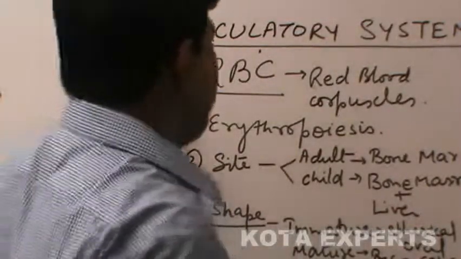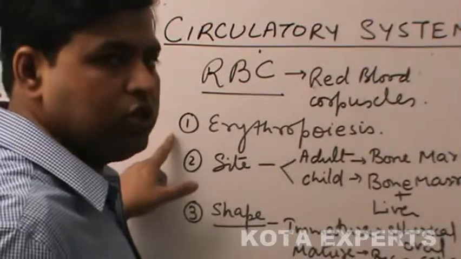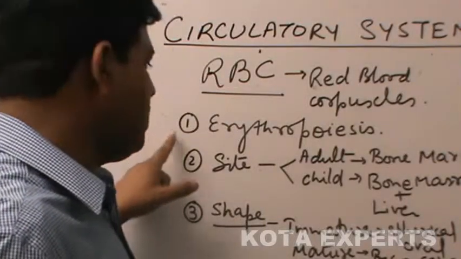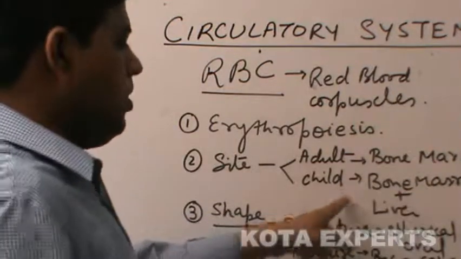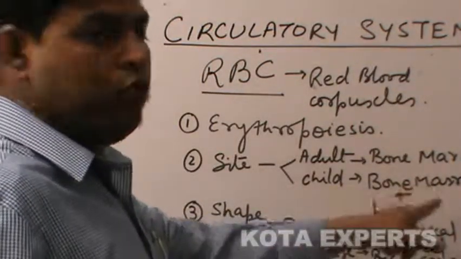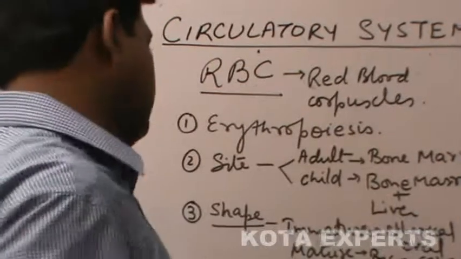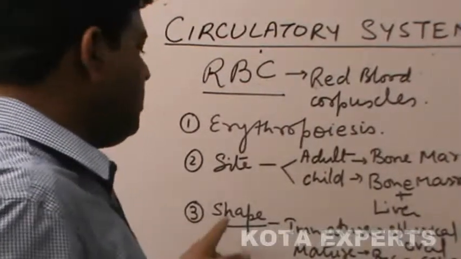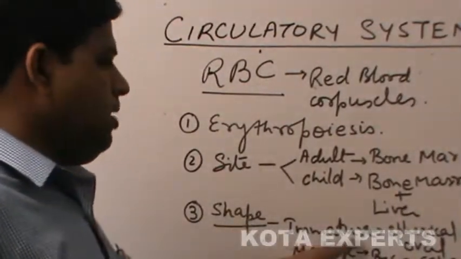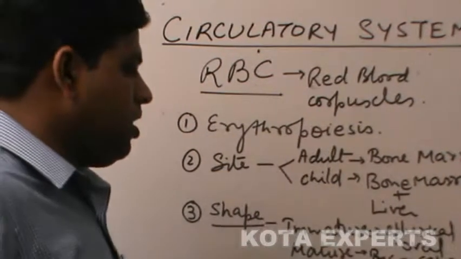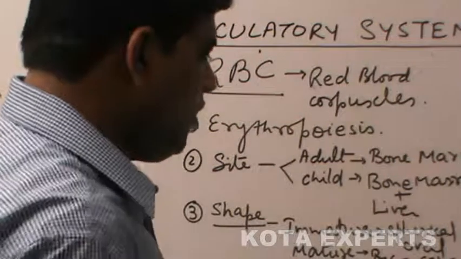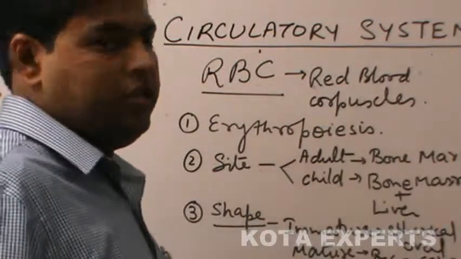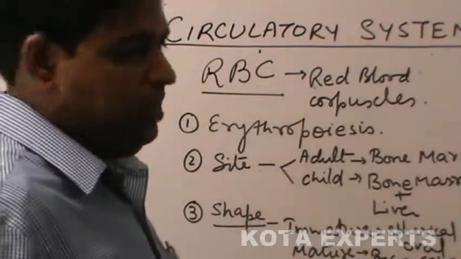So the process of formation of RBC is erythropoiesis. The site of formation in adults is bone marrow, but in children this is bone marrow as well as liver. As far as the shape is concerned, the immature is spherical or oval and mature is biconcave due to degeneration of the nucleus.